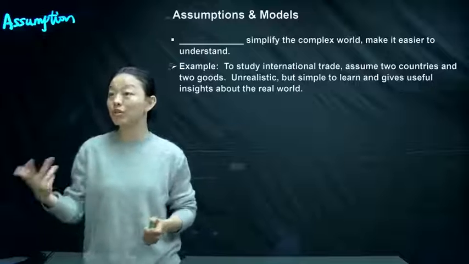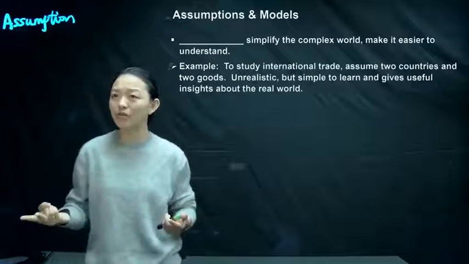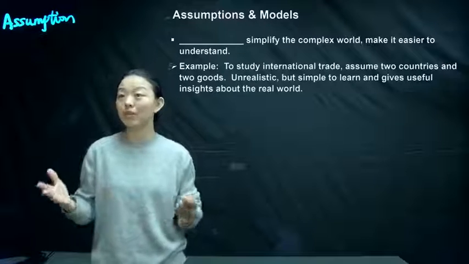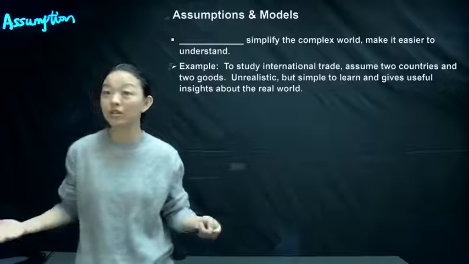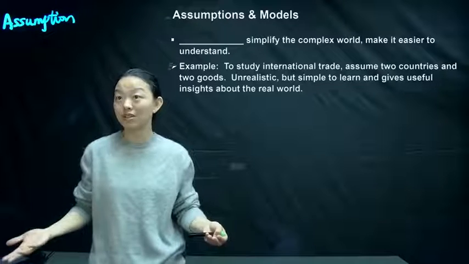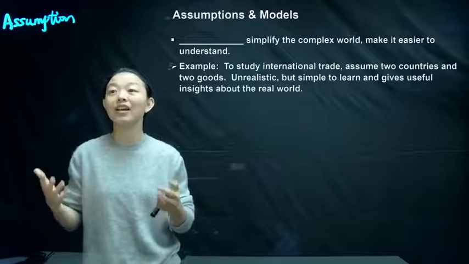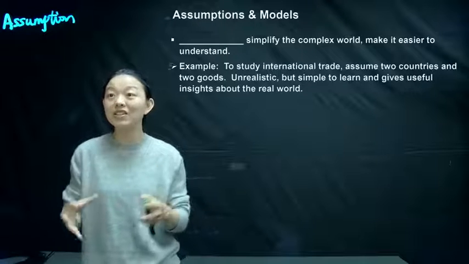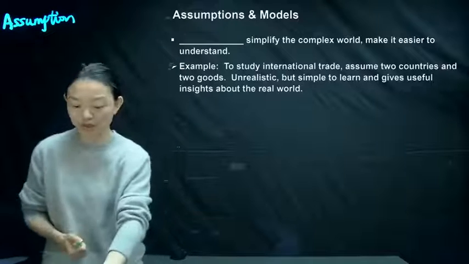They only produce two goods and then they start trading with each other. So only two countries, only two goods, those assumptions seem unrealistic, right? Because we have many countries in the world, we have tons of goods and services in the world, right? However, this type of assumption can help us make an easier model, okay, and then analyze international trade.